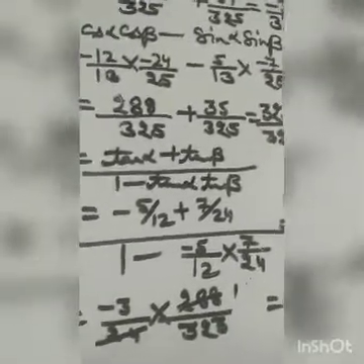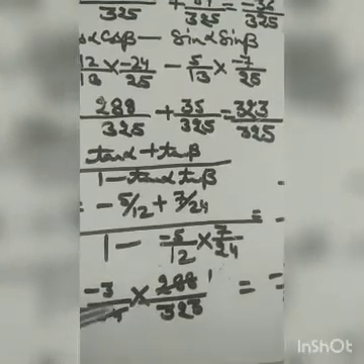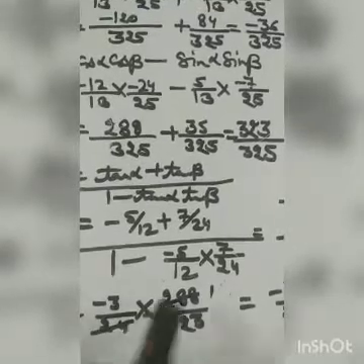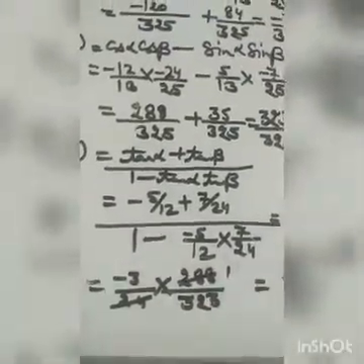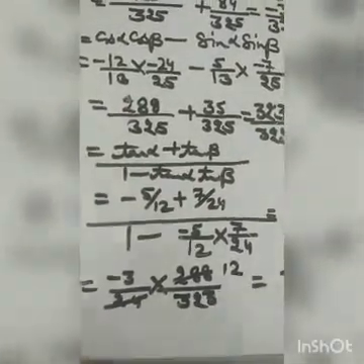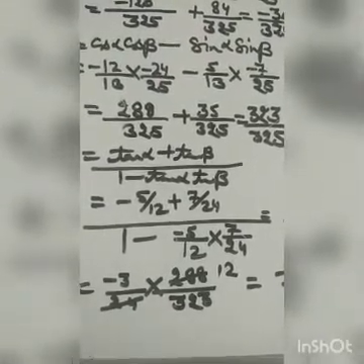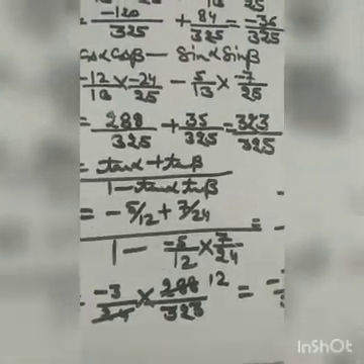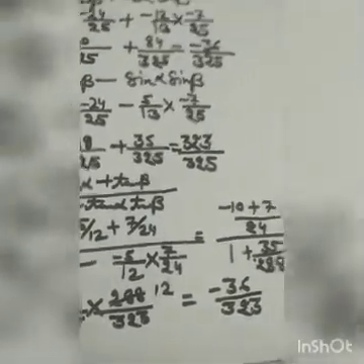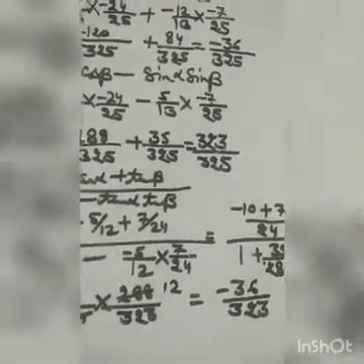Solving it, you are getting minus 3 upon 24 into 288 upon 323. When you solve it further, 24 will be cancelled, you will be getting 12. 288 will go by 24 by 12. Hence minus 3 into 12 is minus 36 upon 323. Finally the answer is minus 36 upon 323.